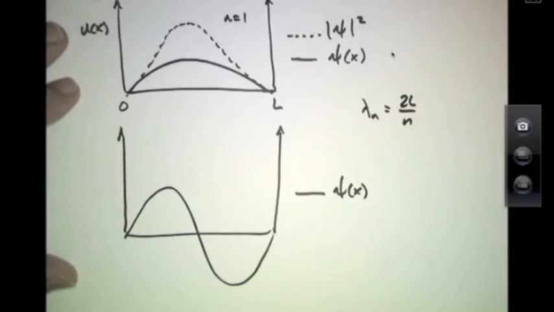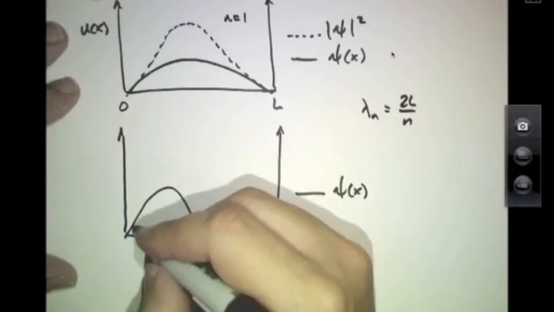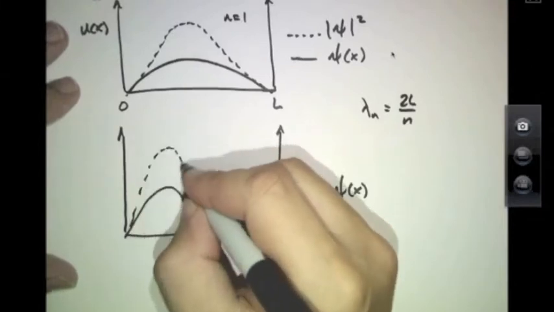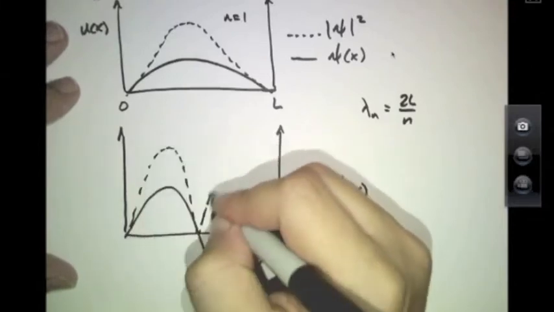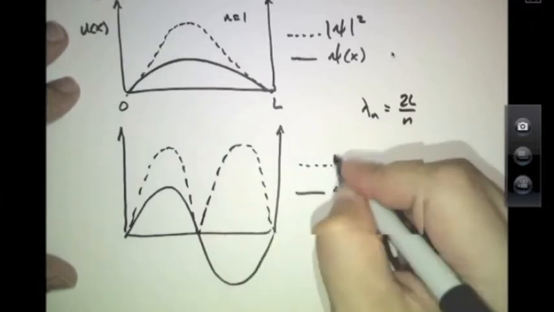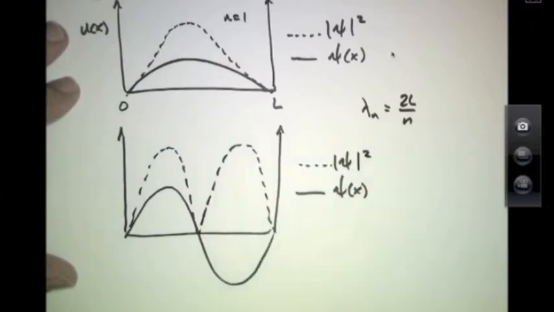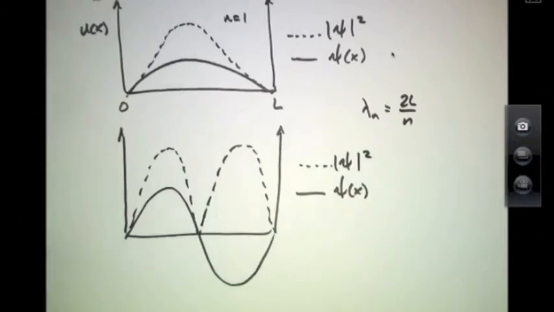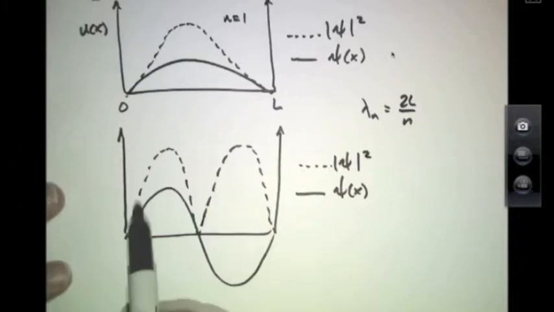But what will the norm squared of this function look like? Well, it's going to look something like that. In other words, it's positive everywhere, as it has to be, because I've squared something that goes through 0. And I want probabilities to be positive all the time. I don't want to have negative probabilities. So that does the right thing.